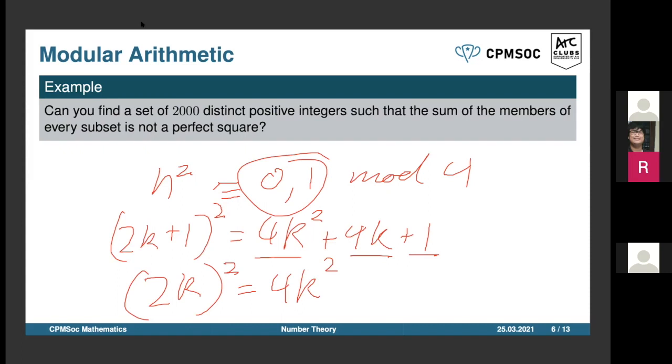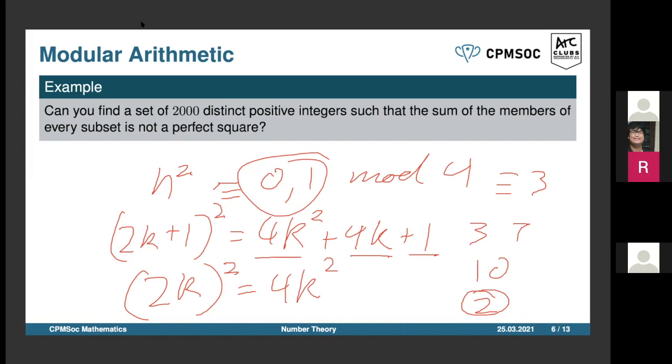maybe we should try looking if we can get all of the sums to be equivalent to 3 mod 4. Now, obviously, this doesn't really work, because if you have 3 and say you went 4 above that and got 7, if you add them together, you're going to get 10, which is 2 mod 4.